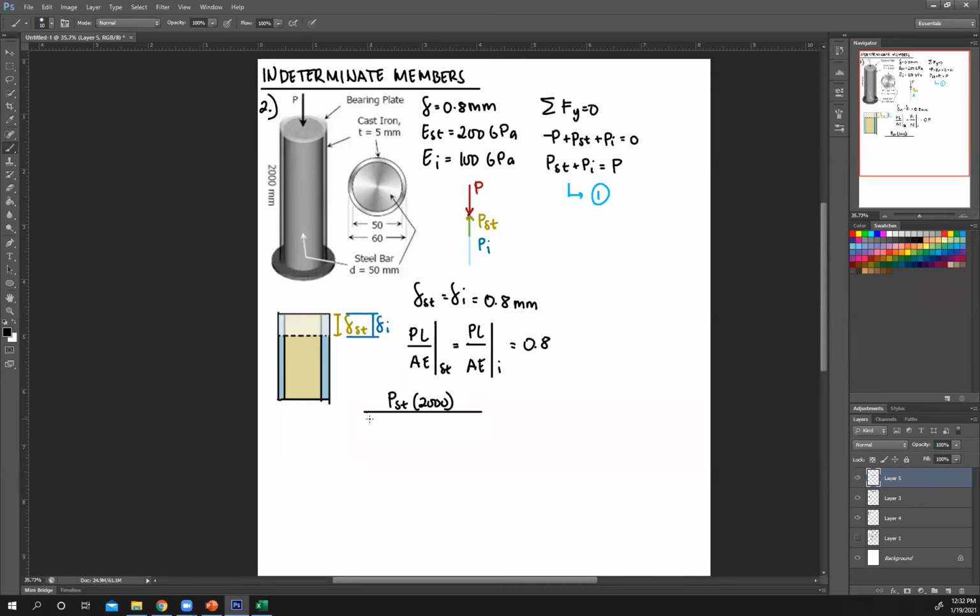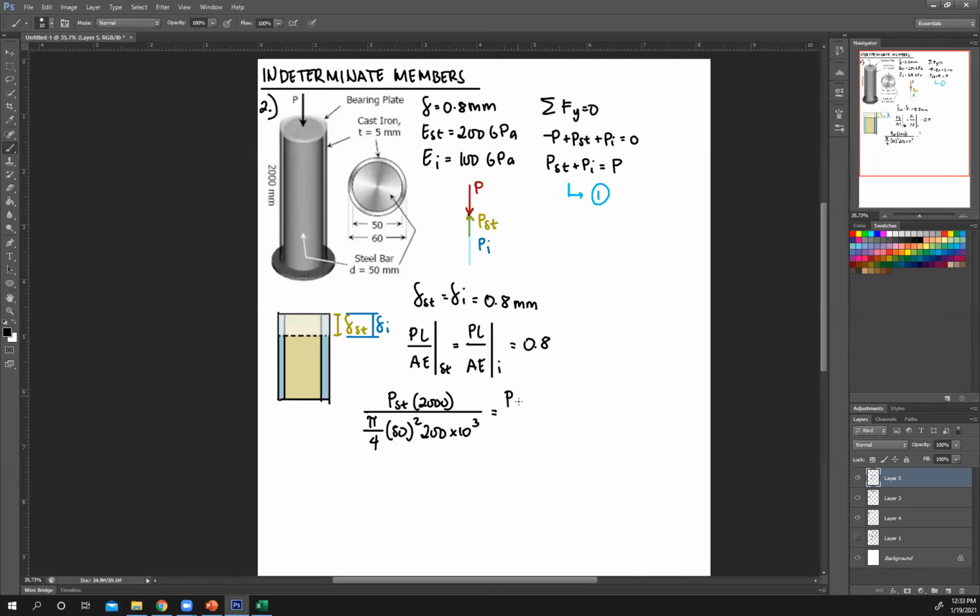So pi over 4, 50 squared, then E of steel is 200. So 200, again, convert to MPa, so times 1000, or times 10 raised to 3.